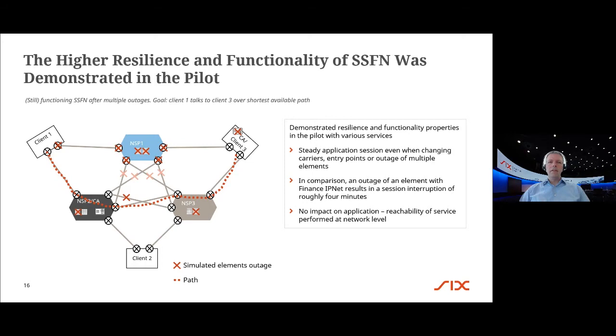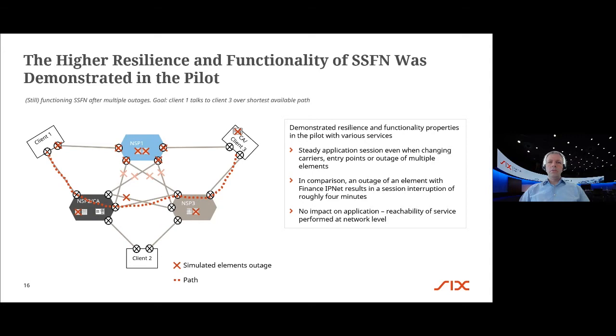And we have seen that amazingly, even though we had almost nothing left within the network, the connectivity was still present, and the SIG session was not even touched. The application did not even notice that so many things happened and so many things broke.